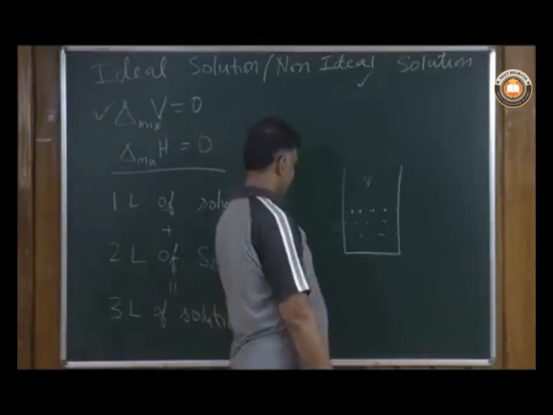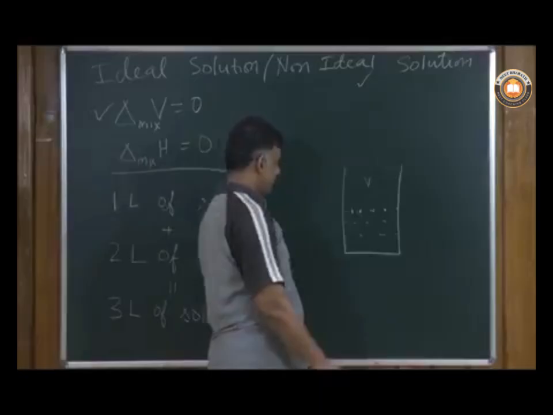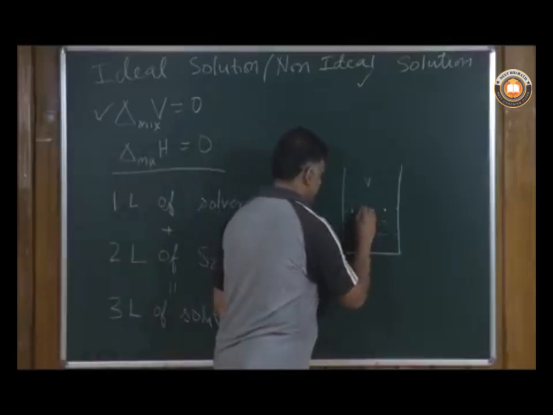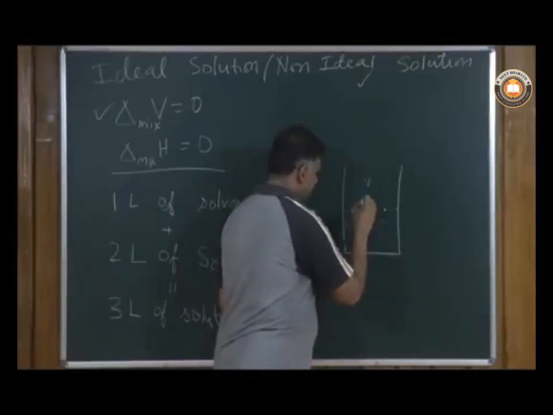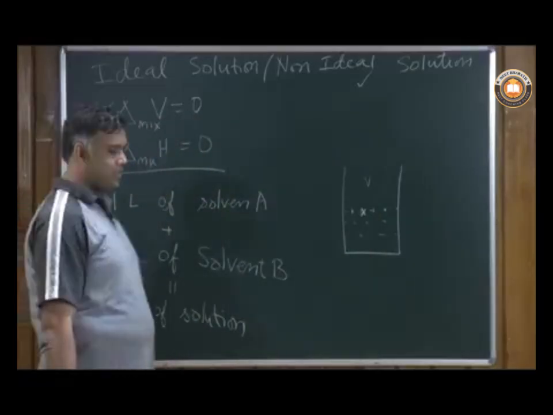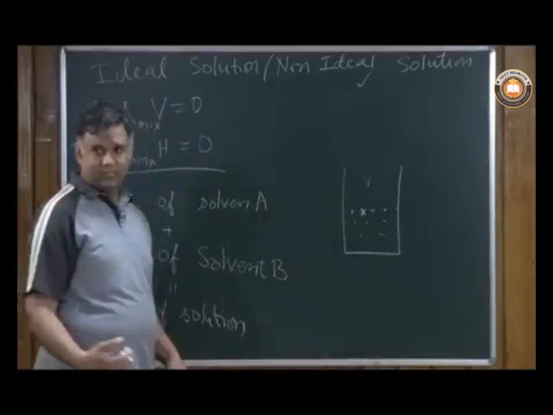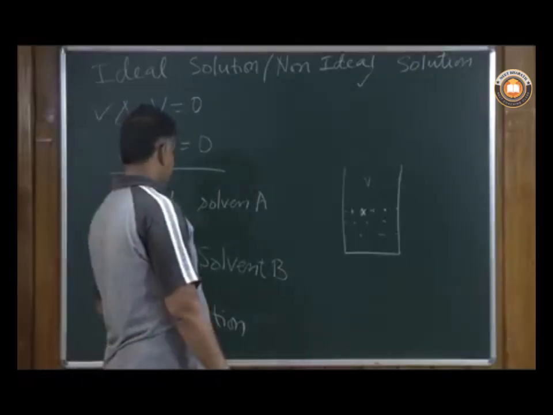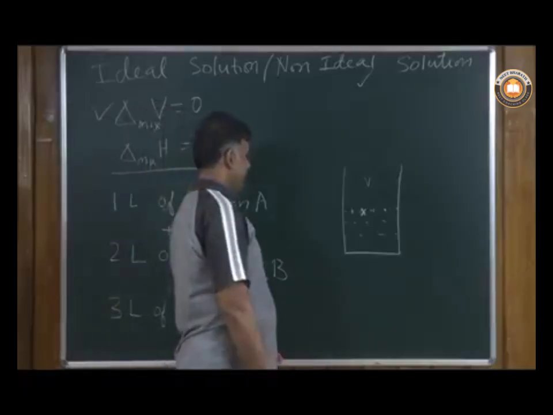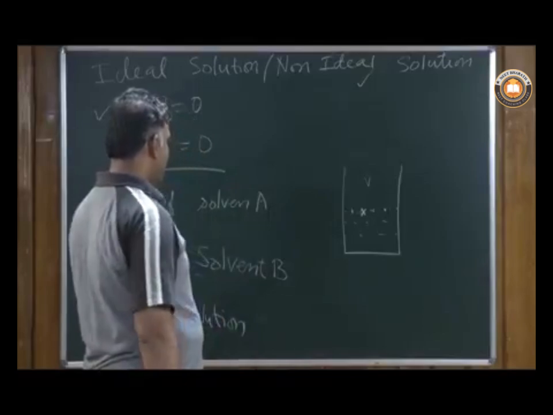So, some of the A molecules at the boundary will be replaced by another solvent B. It could be solvent or it could be solute. If you are mixing, let us say, 50% of water and ethanol, then these are two solvents which we are mixing. If I am mixing, let us say, sodium chloride in water, then sodium chloride is going to be solute and water is a solvent.